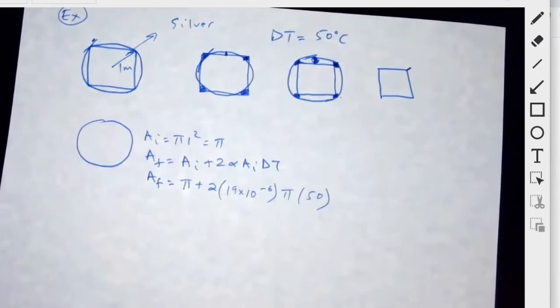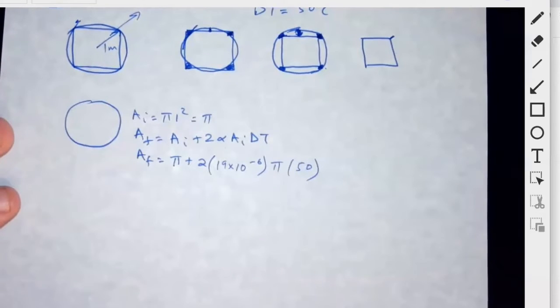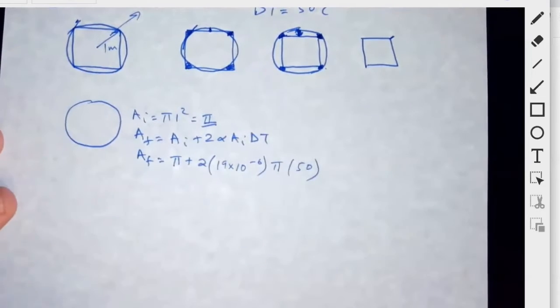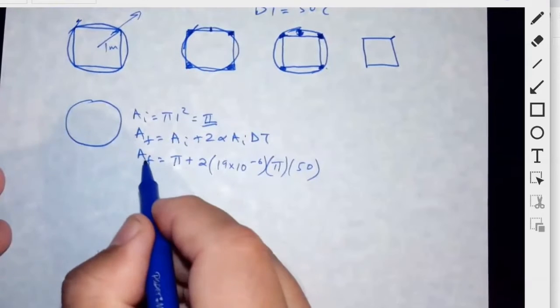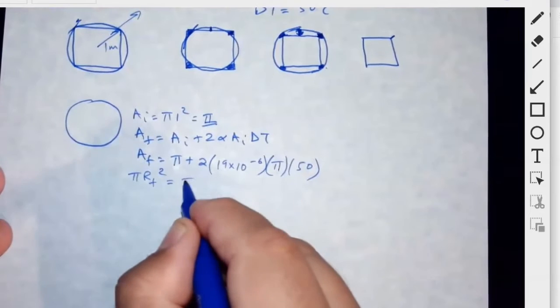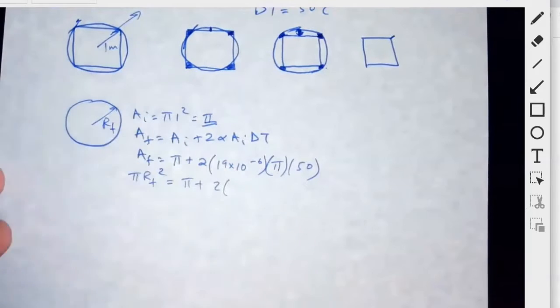So final area is pi plus 2 times the alpha times pi, because the original area was pi, times the change in temperature, since 1 squared is just 1. And then the final area is going to equal pi times the final radius squared. I'm more interested in the final radius of the circle.